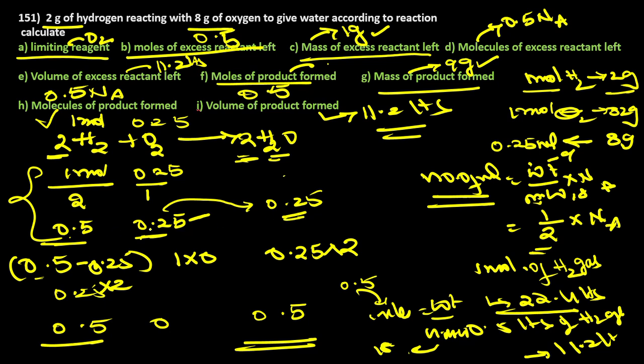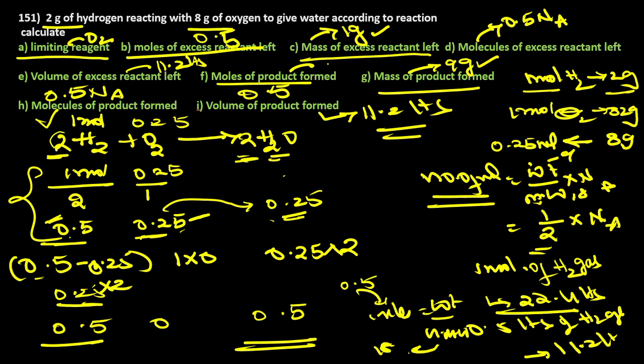At the same time, some amount of the other reactant, hydrogen also, will be used. Whatever amount the limiting reagent used, that much amount you have to remove from this one. The leftover amount is 0.25.